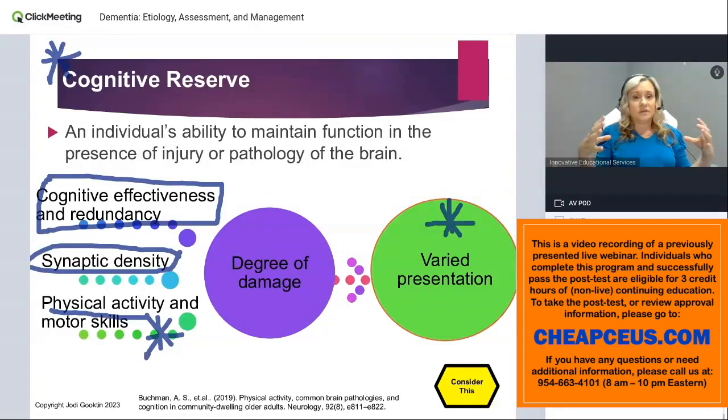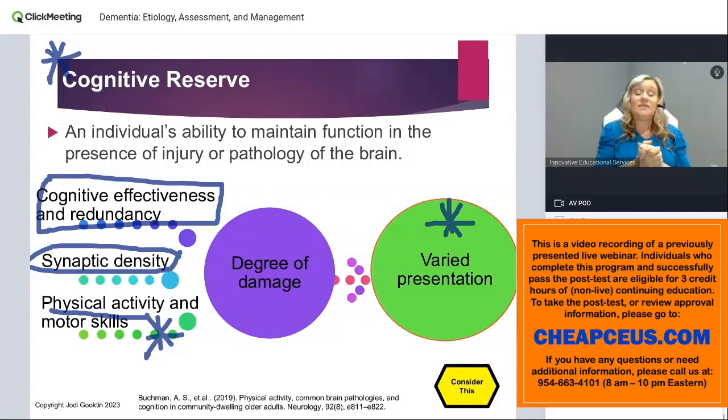And over the years, they followed individuals looking at their level of physical activity with this accelerometry. They did different cognitive assessments on the individuals, and then they were able to examine their brains and look at signs of Alzheimer's disease, the formation of Lewy bodies, the amount of hippocampal sclerosis that had occurred, and then look back at their ability to participate in exercise and how they live their life.